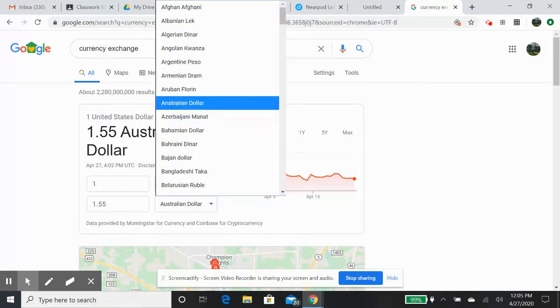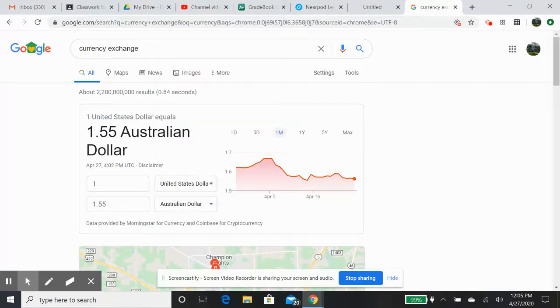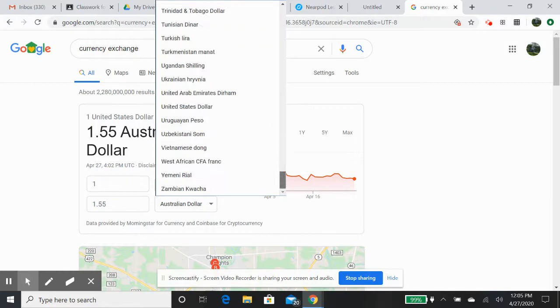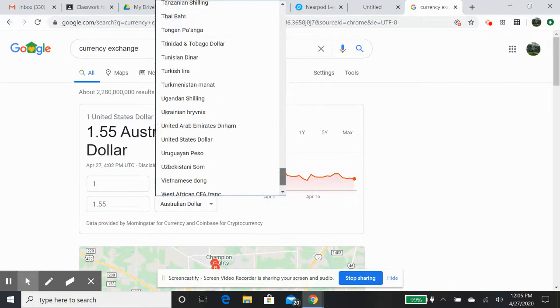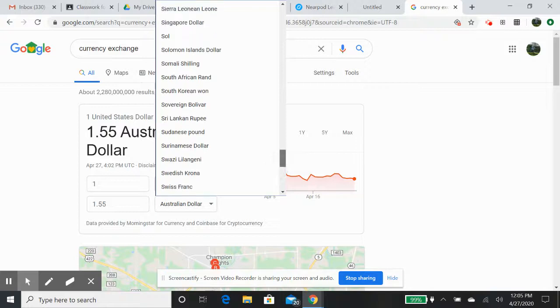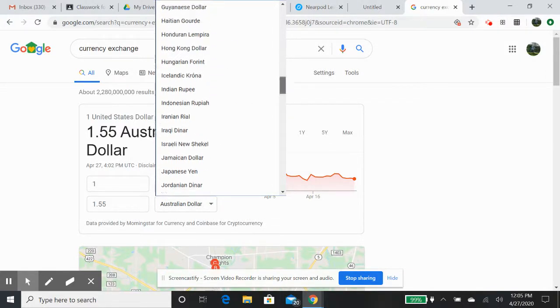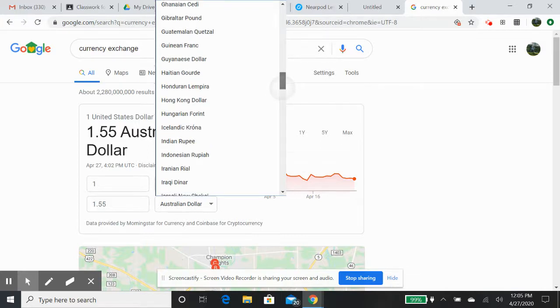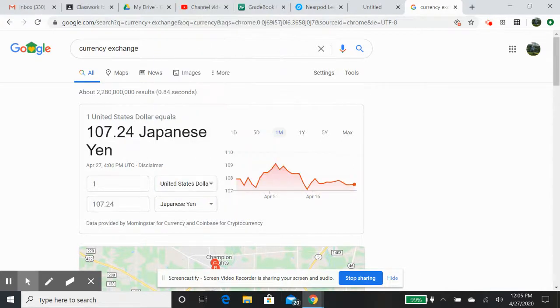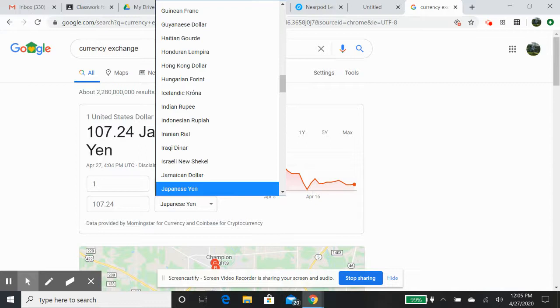Let's go to the Japanese yen. There we go. So now you're looking at one United States dollar is about 107 Japanese yen. So you're getting like this difference. Now the U.S. dollar is not better than everything that's out there.